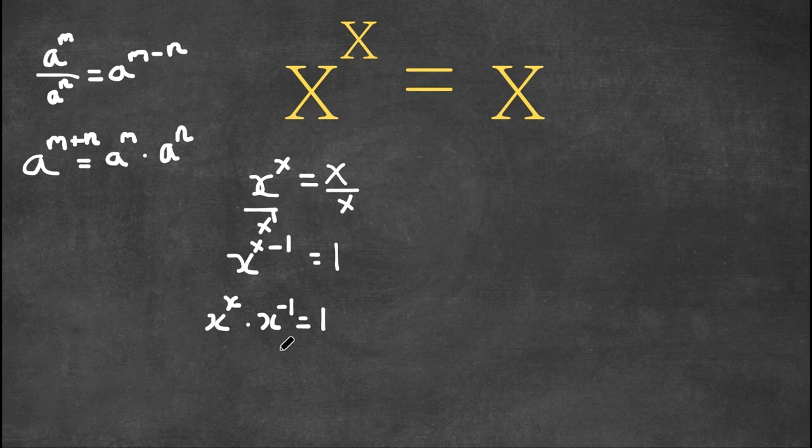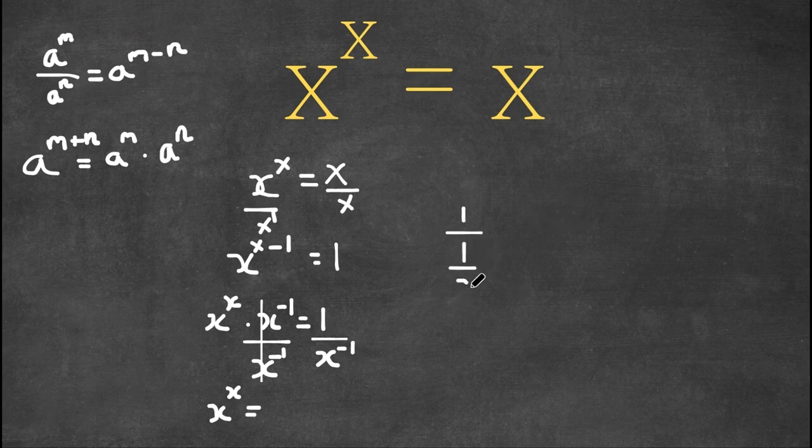So now, if I divide both sides by x to the power of negative 1, these two would cancel out, so I would get x to the power of x is equal to 1 over x to the power of negative 1. 1 over x to the power of negative 1 is the same thing as 1 over x to the power of 1, so this would be 1 over x.